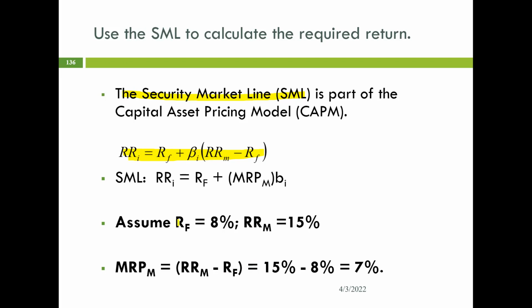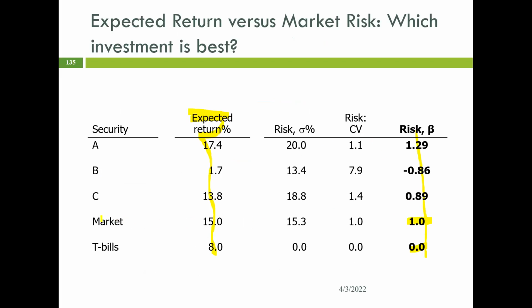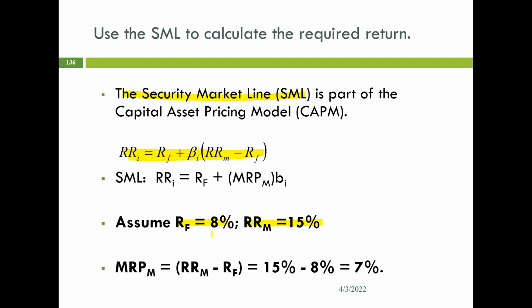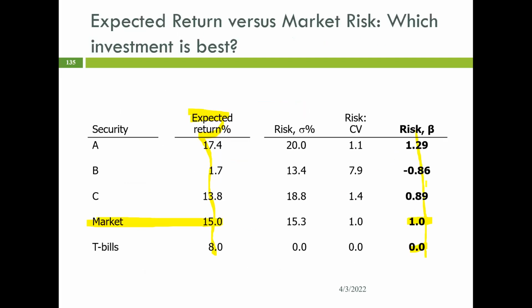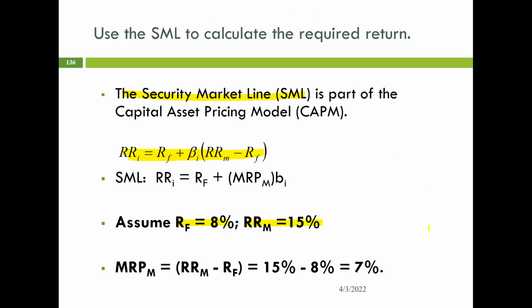Now the risk-free rate is 8%. Market return is 15%. And we have calculated beta for each security. Also, the market risk premium in the CAPM model.